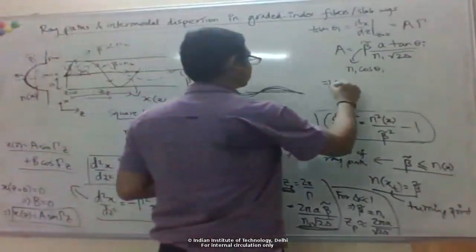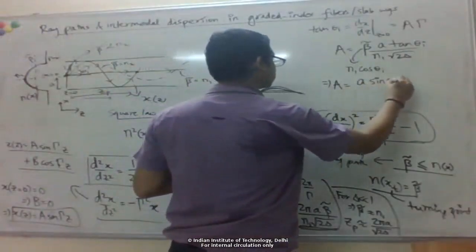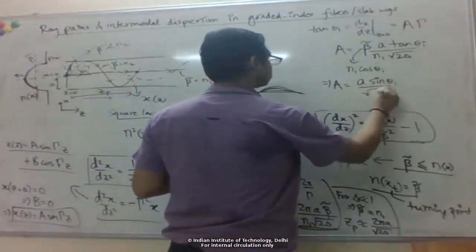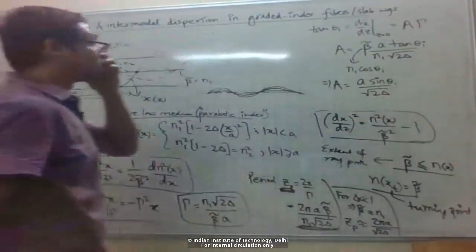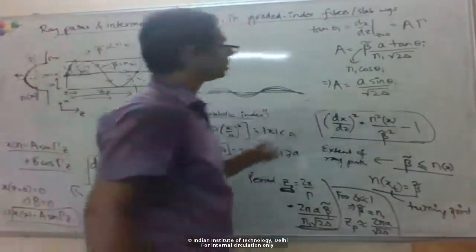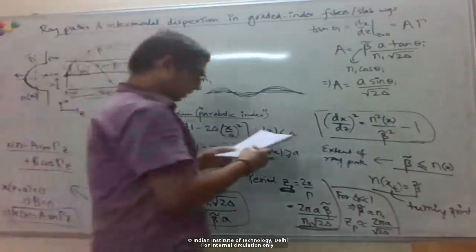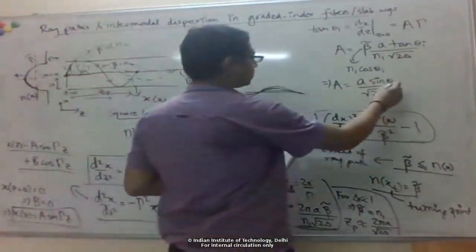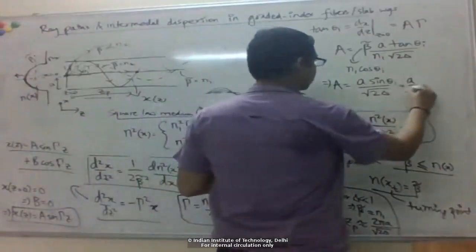So from here we get this A as that. Okay, so this constant A, which is sort of the amplitude of the wave, right, just depends on the launch angle theta. Right. And again, I can write it instead of theta, I can write in terms of beta tilde. So I can also write it like that.